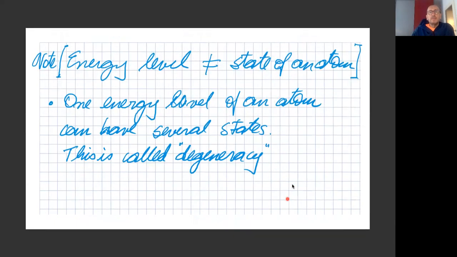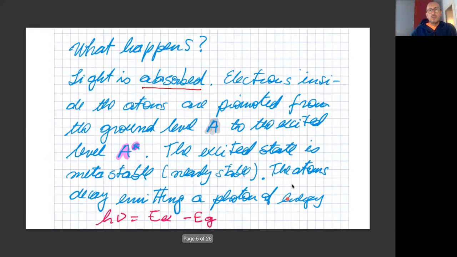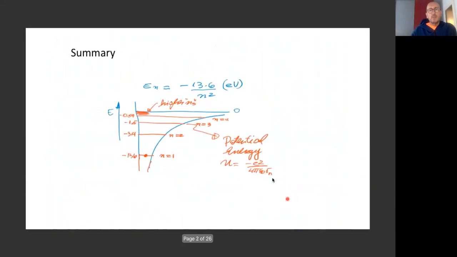So there is a note that is very important to consider here. That is that an energy level is different from a state of an atom. For example, in the drawing that I first drew here, even though this is not what we have just analyzed in the Bohr model, each one of these things represents a single state because it's just a single orbit.